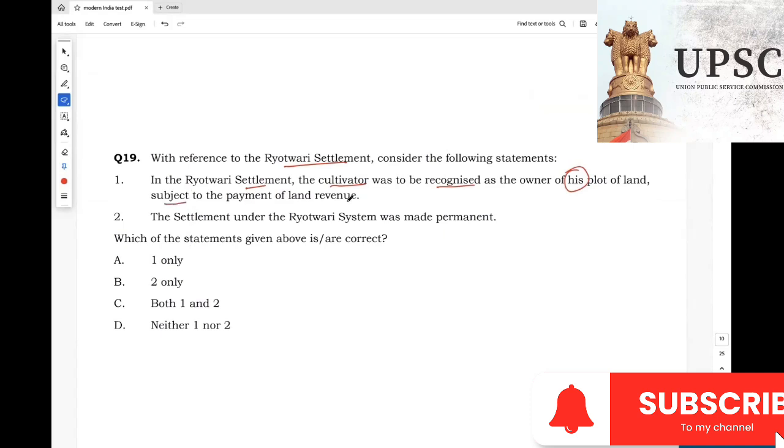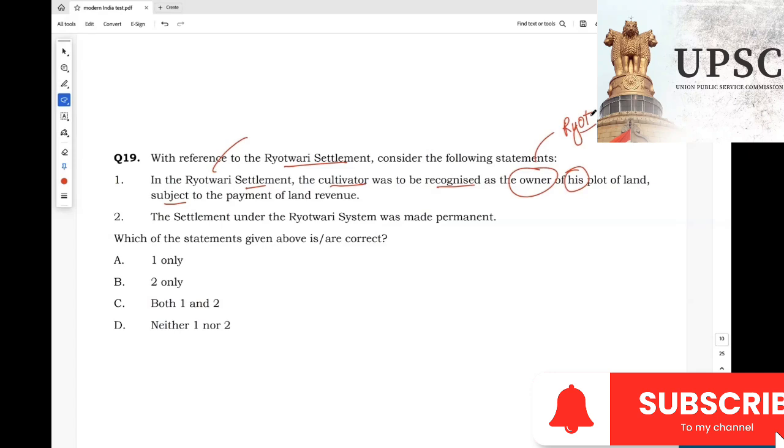Obviously. Look, under Raiyatwadi, owner, who is he? Raiyat. So till he is paying the rent, he is not going to be evacuated from his land.